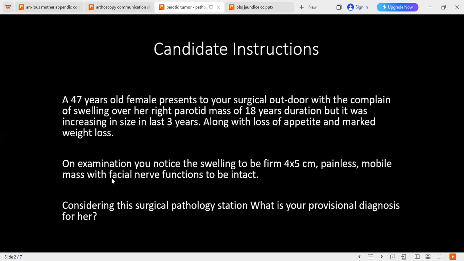You can also do ultrasound. Yes, all right. Once you take the FNAC, instead of using this abbreviation, please use fine needle aspiration cytology. Okay, ma'am.